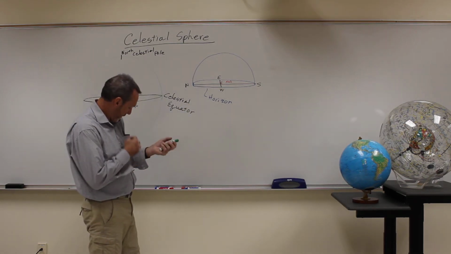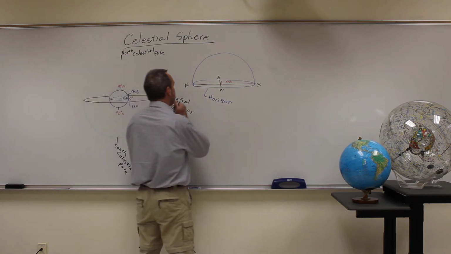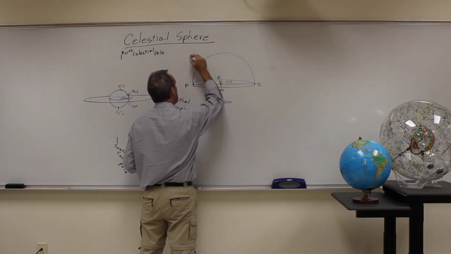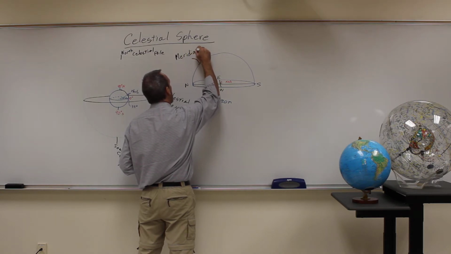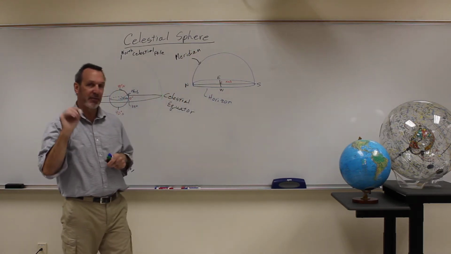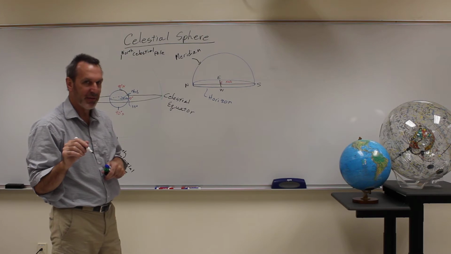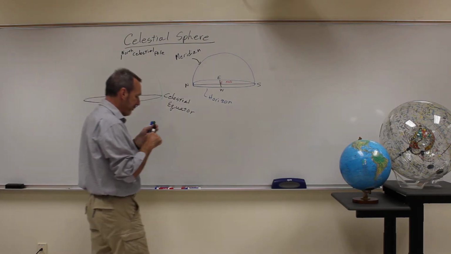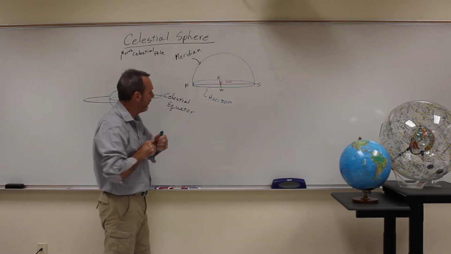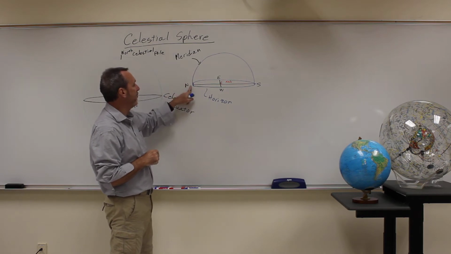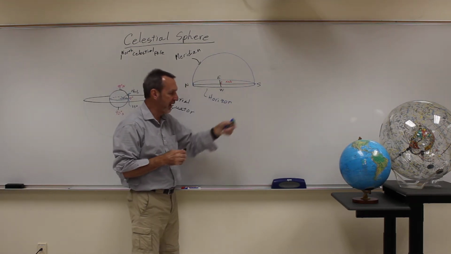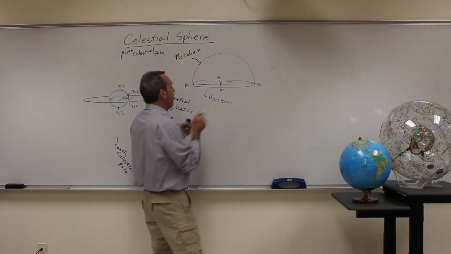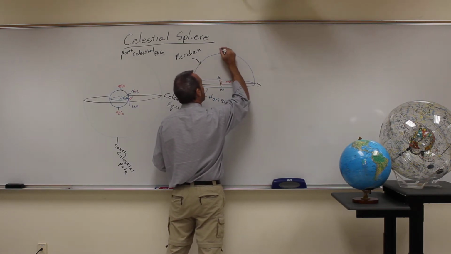This line right here, we call the meridian. Don't get this confused with the prime meridian. This meridian is the most important line to astronomers. The meridian is this imaginary line that goes from the north point of your horizon to the south point of the horizon, but it goes directly through overhead, which has a special name.